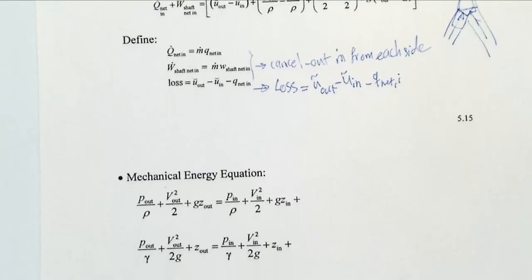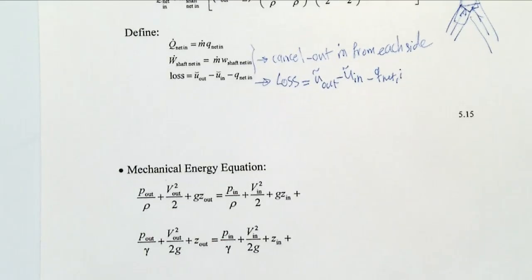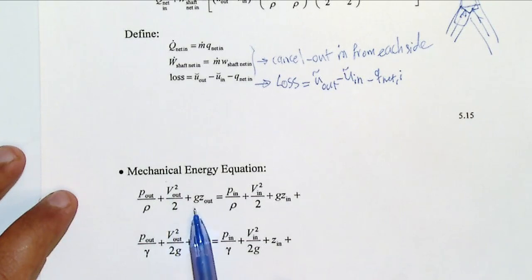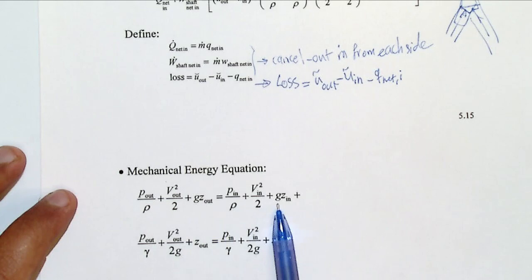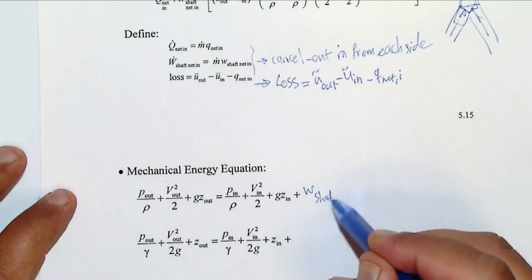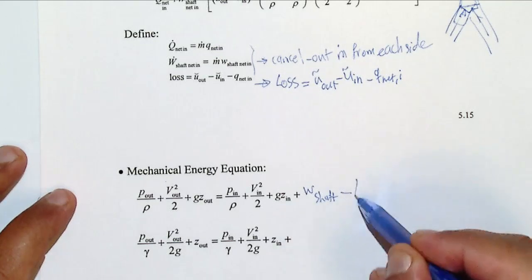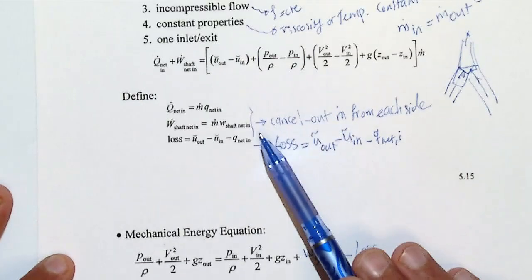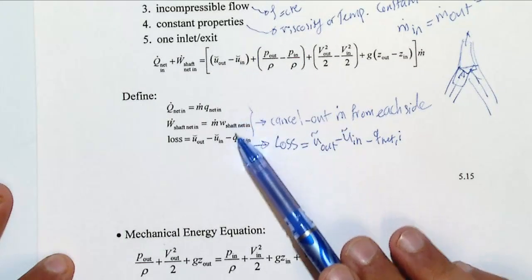Okay, so we can rewrite this equation as a mechanical energy equation: P out over rho, V out squared over 2, and g z out, for the out part, is equal to the input part plus two terms, W of the shaft minus loss, right? So what we did, we brought in two definitions here.